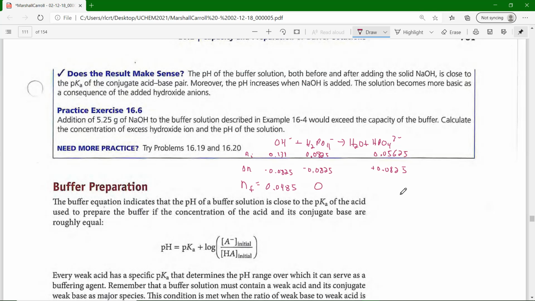And the HPO4 2- is 0.05625 plus 0.0825, 0.139. Fine, I'm rounding now. 0.13875. Good, you happy? Okay. And so my final concentrations, this is all happening in 0.25 liters. So my OH- is 0.0485 divided by 0.25, which is 0.194.